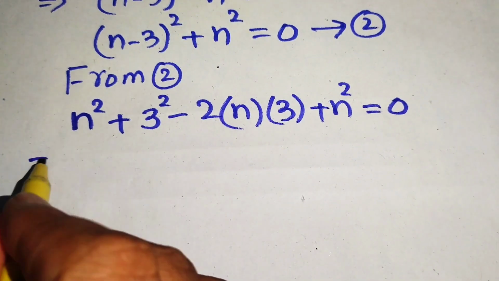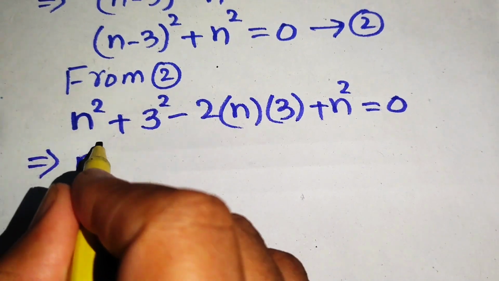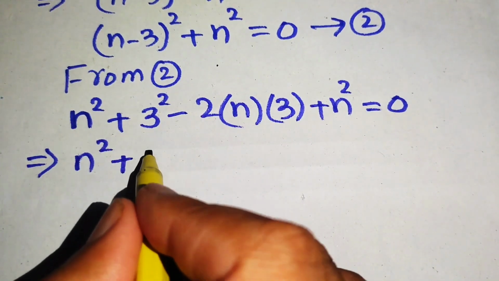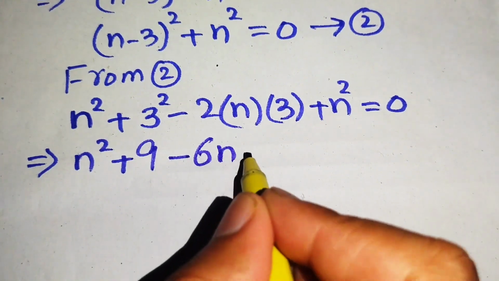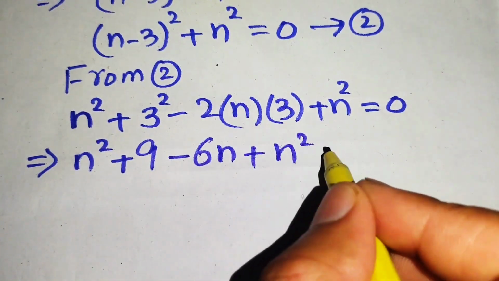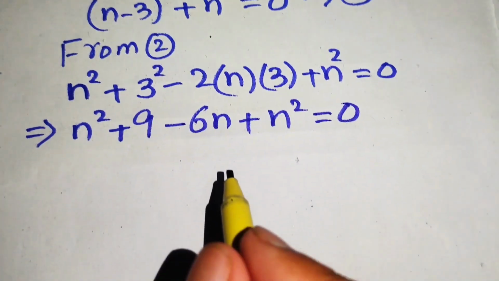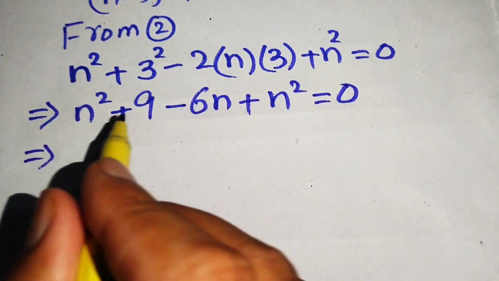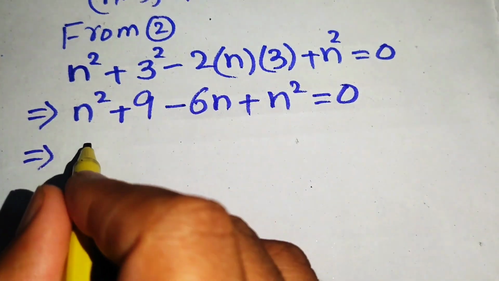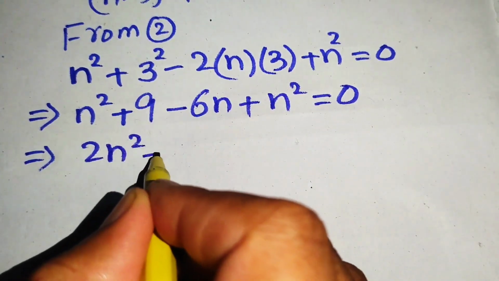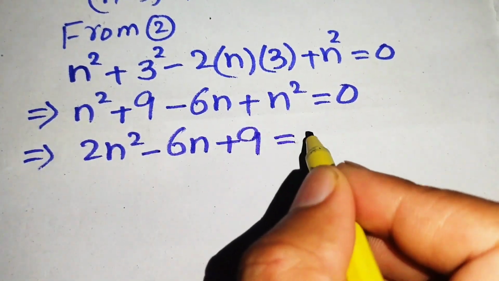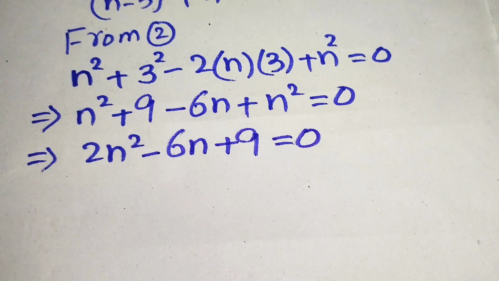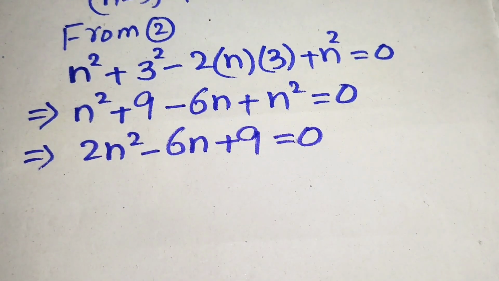After that we rewrite this equation as n^2 + 3^2, which becomes 9, minus 2 times 3, which becomes 6n, plus n^2 equals 0. We add n^2 and n^2 and get 2n^2 − 6n + 9 = 0. So finally we get a nice quadratic equation.